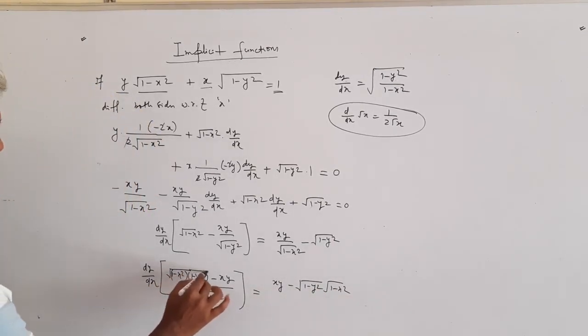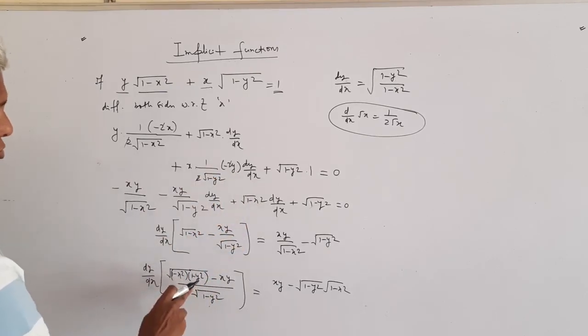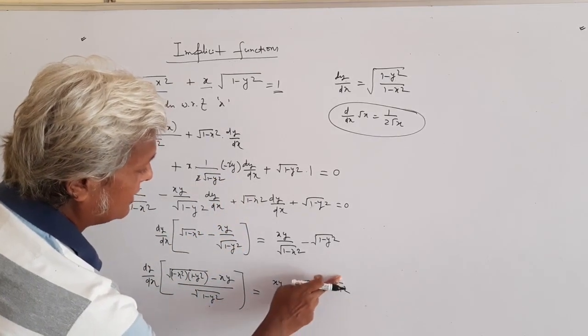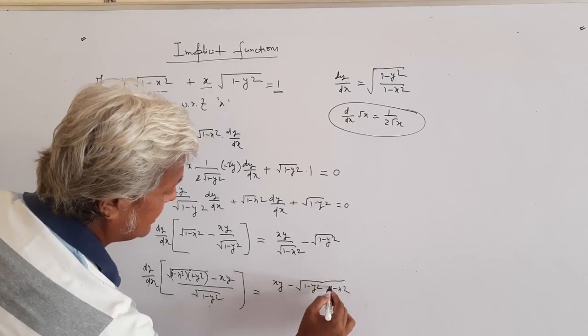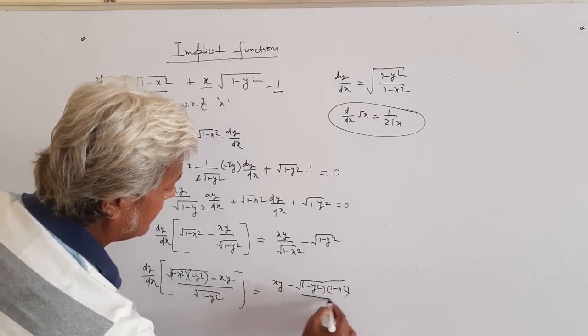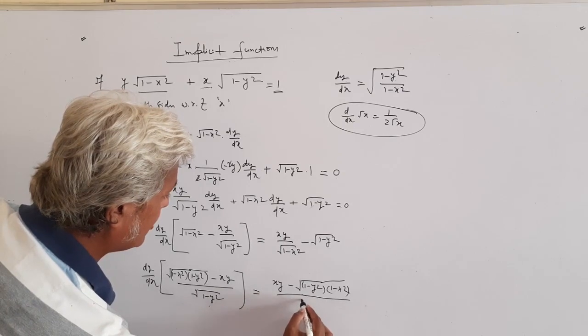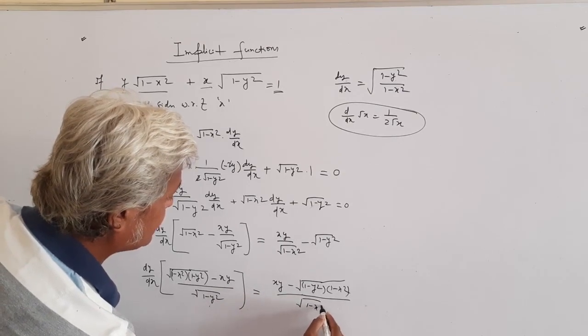So here I put these three things together because root a into root b is root of a times b. Here also let me do the same thing. So they are in the same root, upon whole upon under root 1 minus x square.